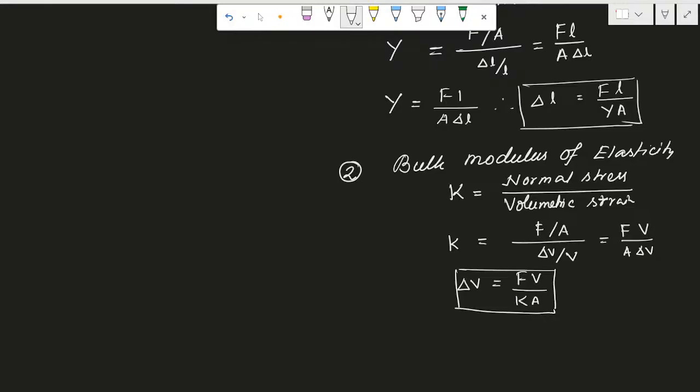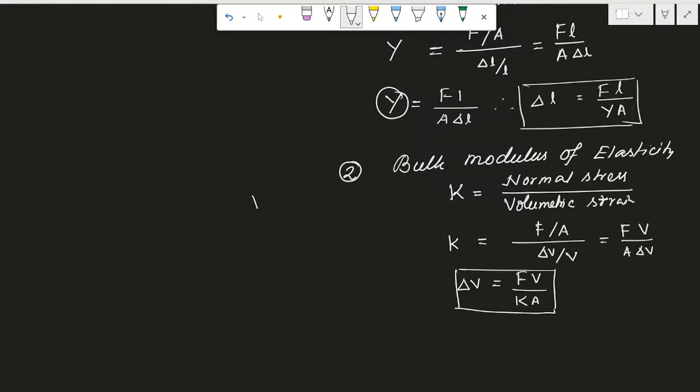Now see one concept: whether it is your Young modulus or bulk modulus, all of them have a common type of unit, because the unit of the stress is basically the unit of this modulus.